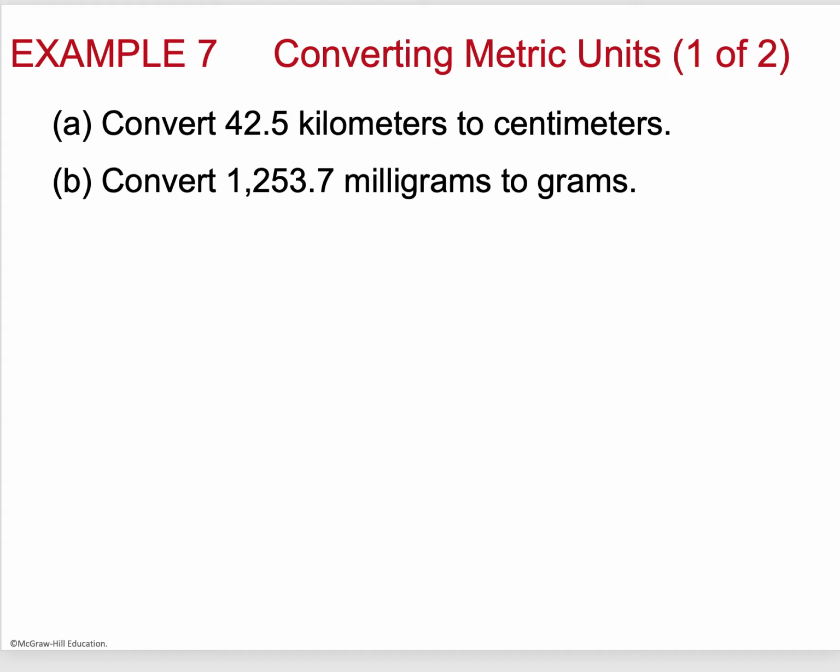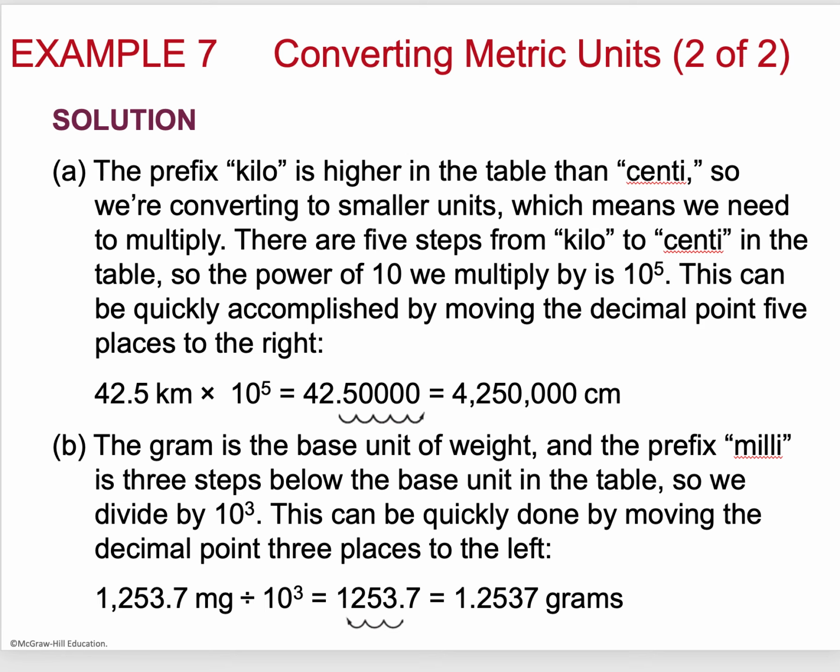So if I want to convert from kilometers to centimeters, I have to first go to meters itself. I can't convert between prefixes without going to the actual value. This is a bit tricky because I don't like the way the example shows this. The way that I would do it would be to go from kilo to centimeters. We could say, okay, well, it's 5 steps away according to my table.